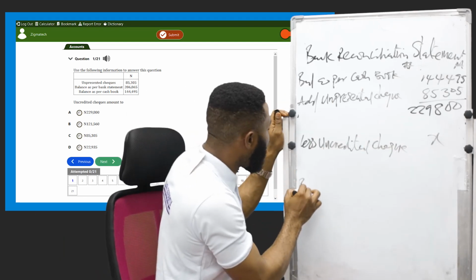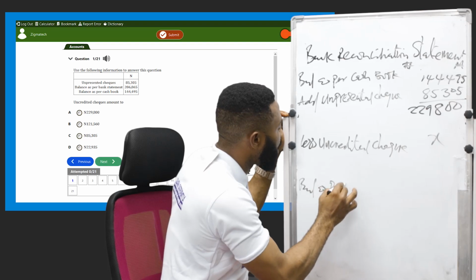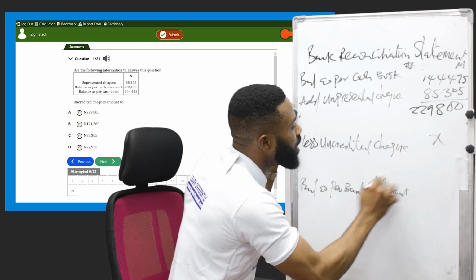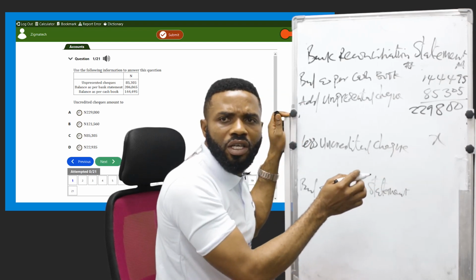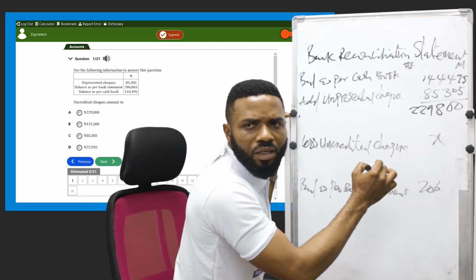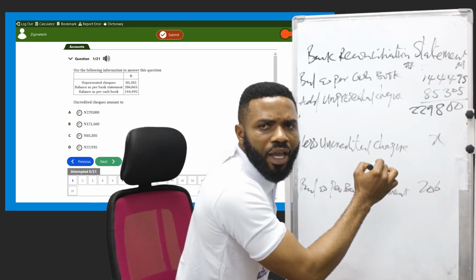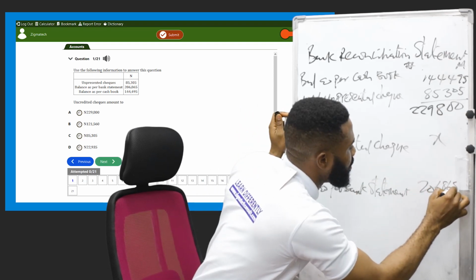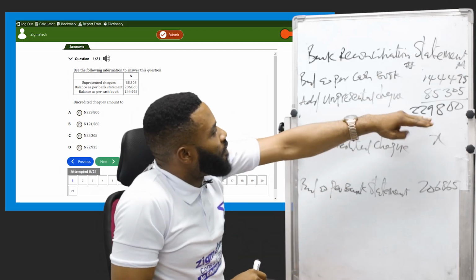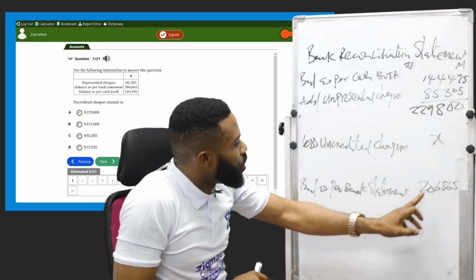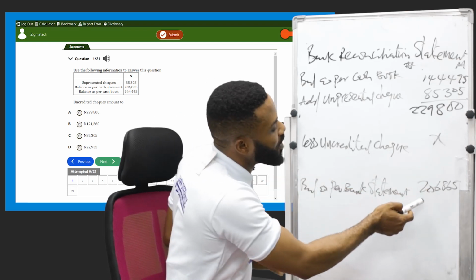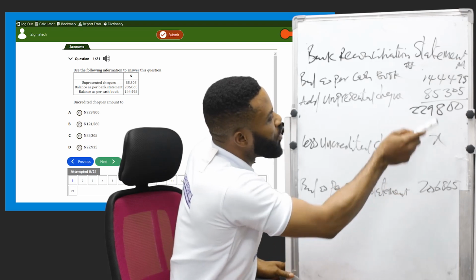Meanwhile, your balance as per bank statement is given, which is 206,865. So mathematically, this one is just mathematics. You have arrived at this. This is what you have been given, this is what you are looking for. So very simple. If you subtract this from this, you will get this.